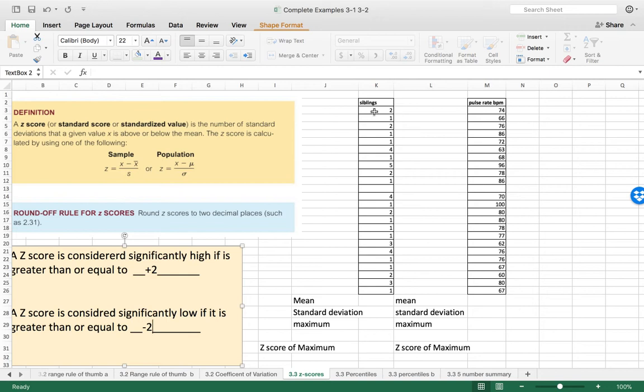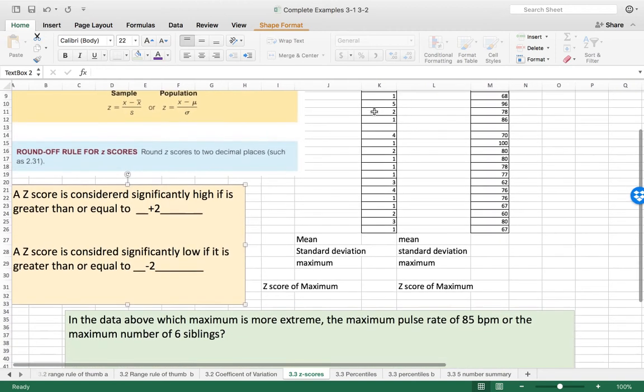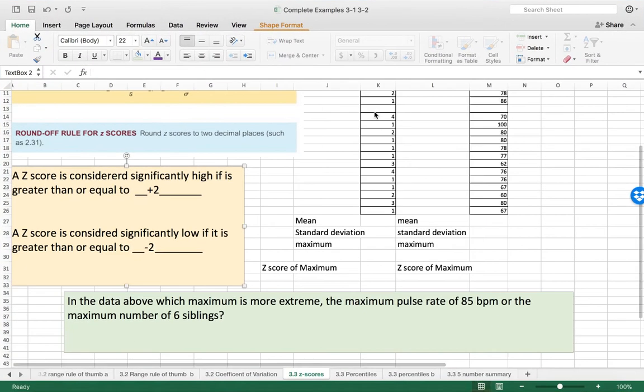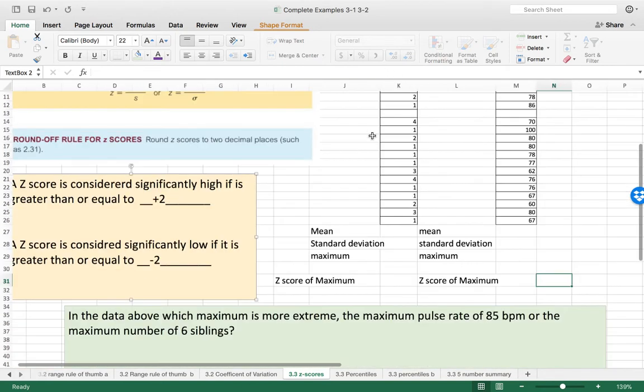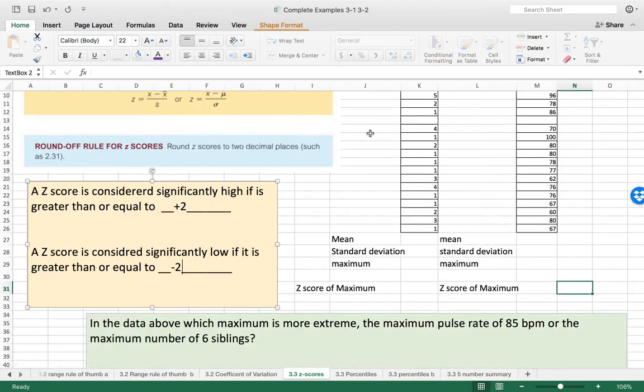The units of measure aren't the same, but we can determine which one is more extreme. Which is more extreme, the maximum pulse rate of 85 or the maximum number of siblings, which is 6? So we're going to use z-scores to determine this question.